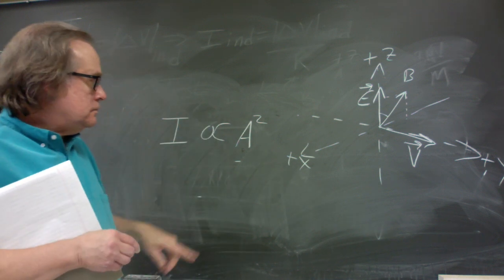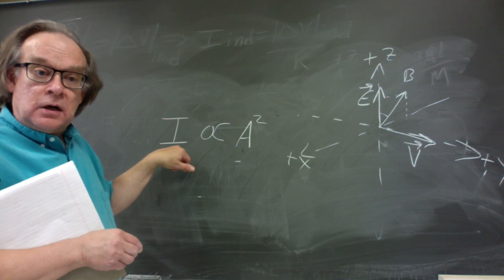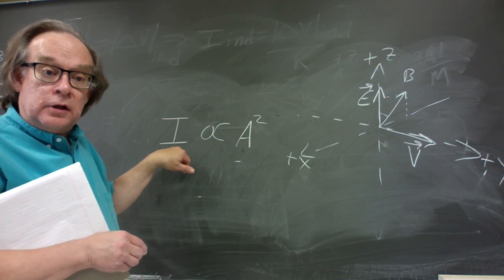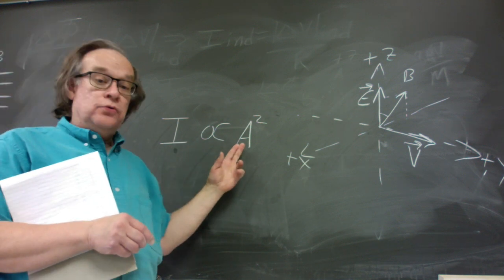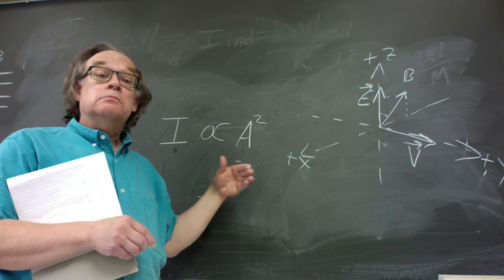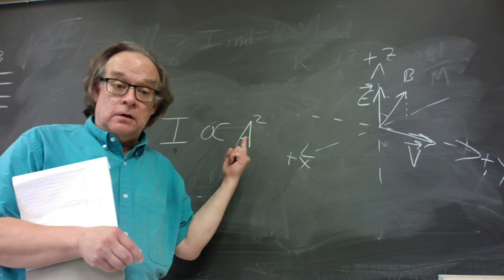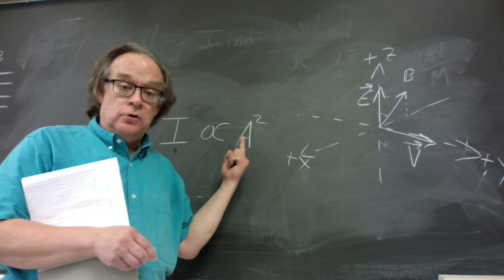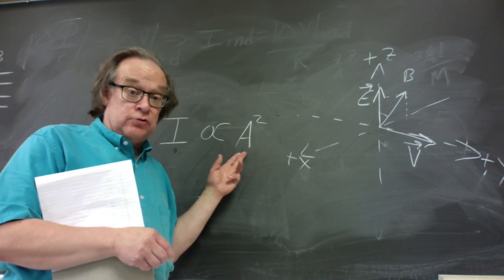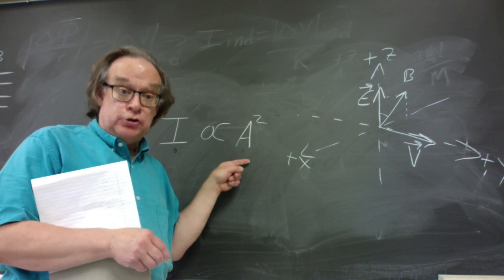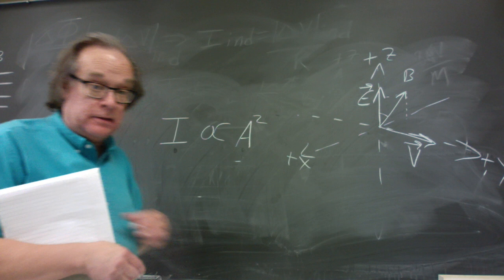So the intensity of an electromagnetic wave is always going to be proportional to the square of one of the things that's oscillating, the square of the electric field, or the square of the maximum electric field, right? Amplitude. Amplitude is the maximum value of whatever is oscillating.